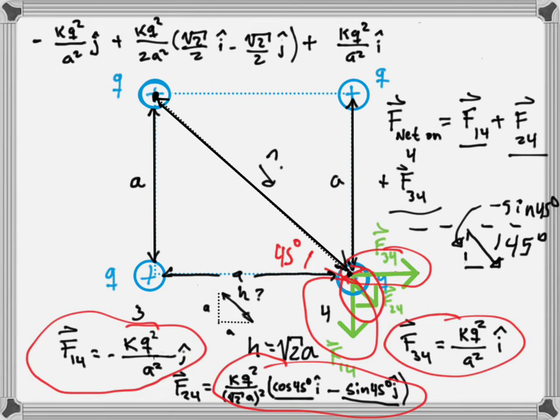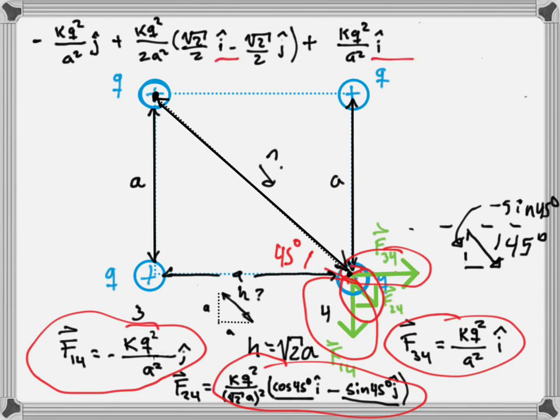Now everybody has an i hat and a j hat, so now we're ready to find the final net force, which is the sum of these three vectors. So we put together everything that has an i hat, and add it together. That gives us kq squared divided by a squared, that we can factor out of those two terms that have an i hat.